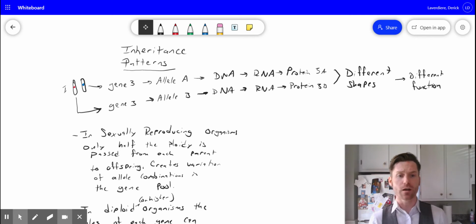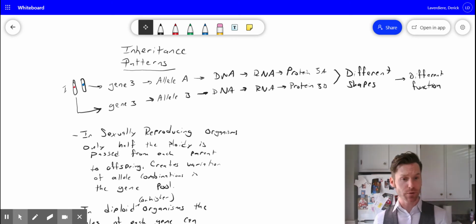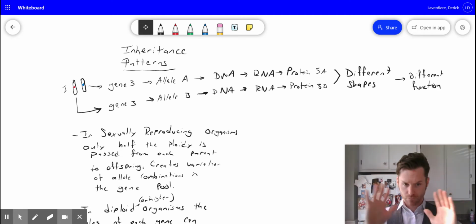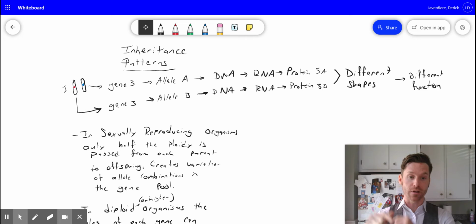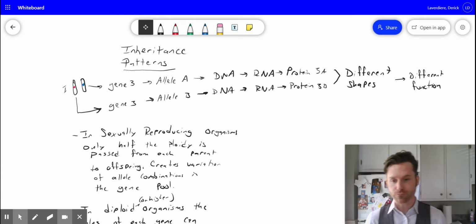So alleles are technically the difference in the DNA sequence. You're going to have different alleles with the same phenotype. So the allele is not gray versus brown. These two alleles present in different ways, gray versus brown. But the allele is the variation in DNA sequence.